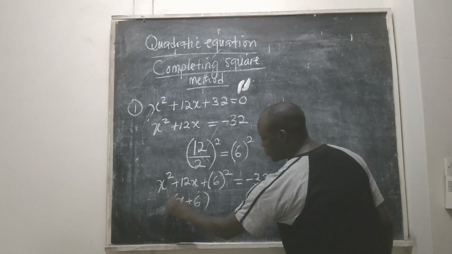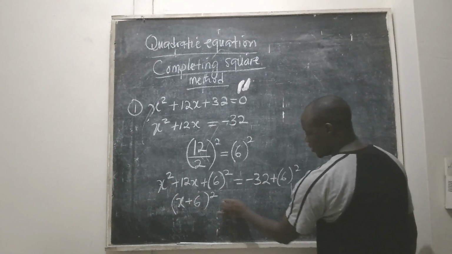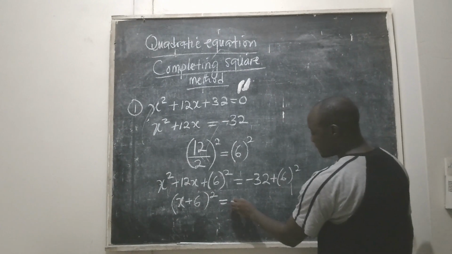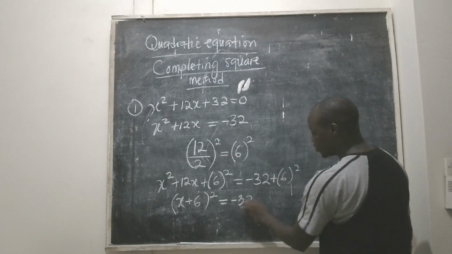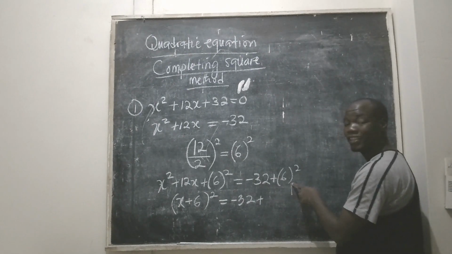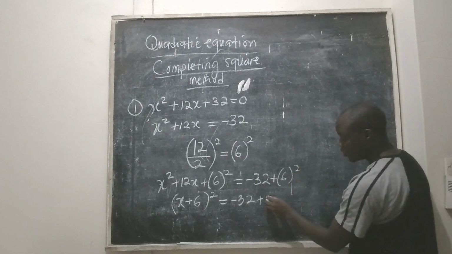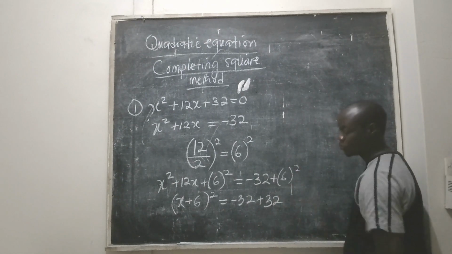Then we create a bracket and square all of them. And then we have is equal to minus 32 plus 6 squared, which is 36.